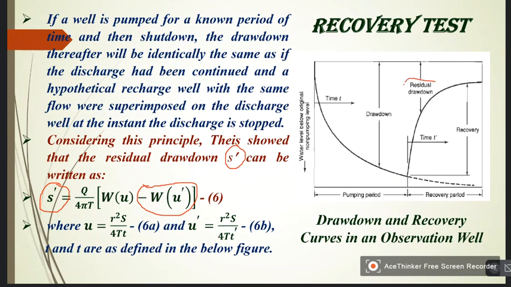This is residual drawdown. So this is actual drawdown, and this is recovered drawdown, recovery. So if this is W(u), this will be W. This is also a well function, but we are defining it as W(u dash). So this we can write.